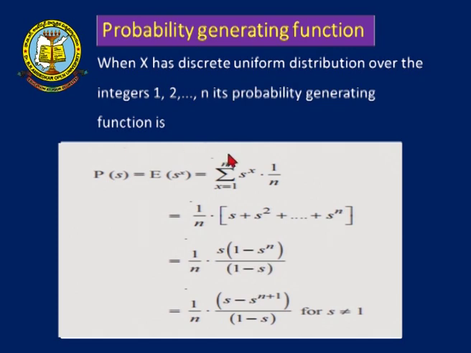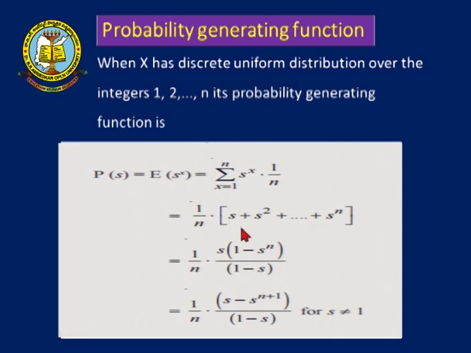After that, wherever x appears, we substitute 1, 2, 3 and so on up to n. If x equal to 1, we get s to the power of 1; if x equal to 2, it becomes s squared; expanding up to n terms, it becomes s to the power of n. So we get s plus s squared and so on up to s to the power of n.